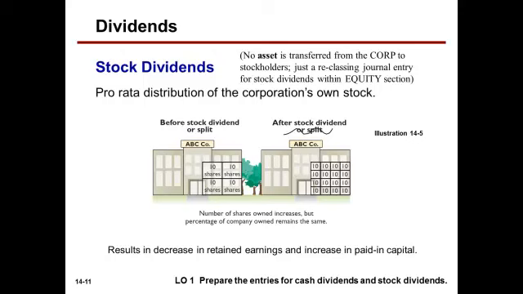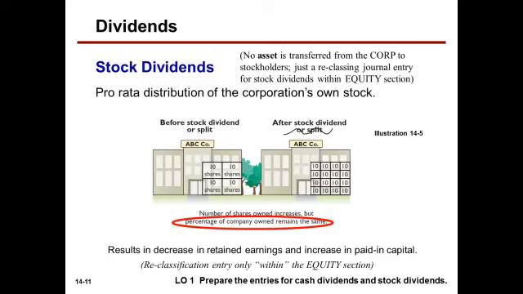Even though there's more shares issued to shareholders, the percentage of stock owned by each shareholder remains the same. There's no distinct advantage in a stock dividend to individual shareholders. Reclassification entry only. Retained earnings goes down. The paid-in capital section, common stock, additional paid-in capital, increases.